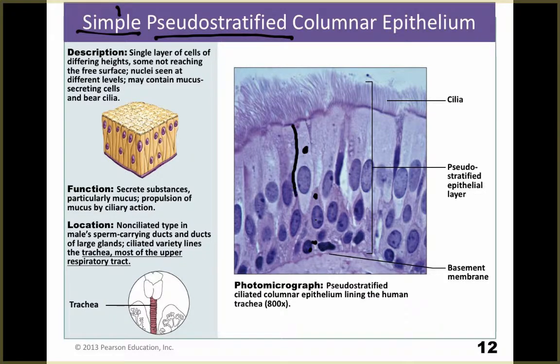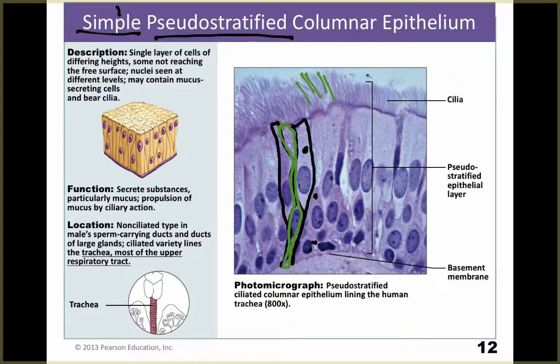These cells are essentially going all the way down here and back up. Let me get a different color here. Green. This one is basically going like this. And these are the little cilia or the hair you can see here. So that's what pseudostratified is for.